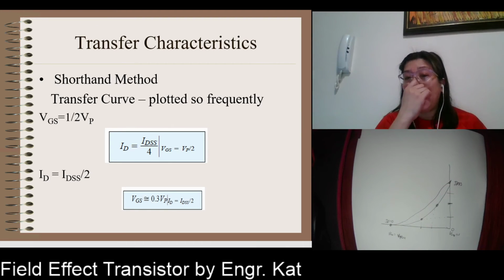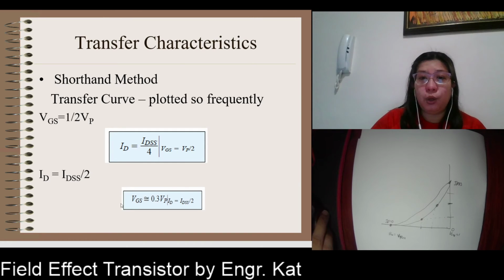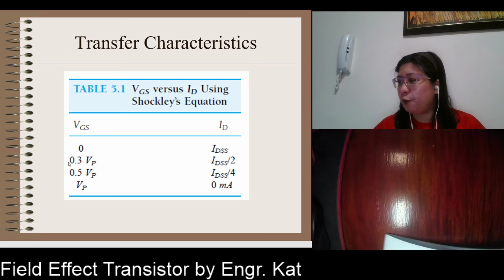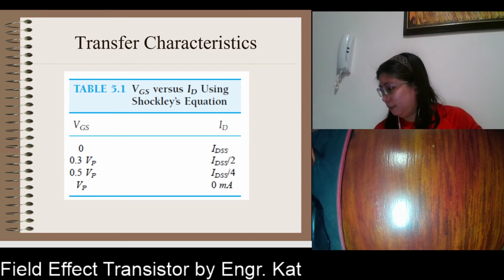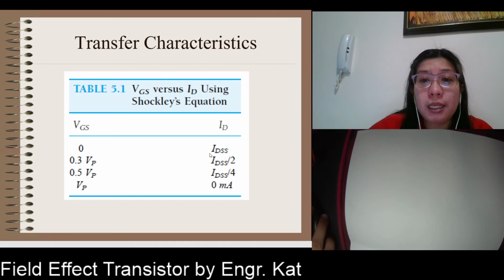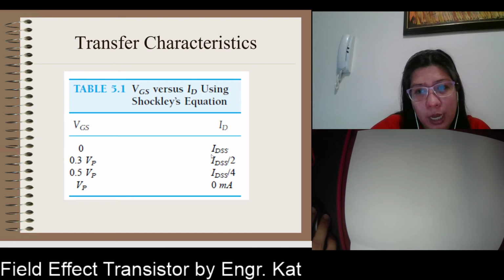Sometimes we use this transfer curve frequently. So summarizing, what are your 4 points? When your VGS is equal to 0, this is equal to IDSS.